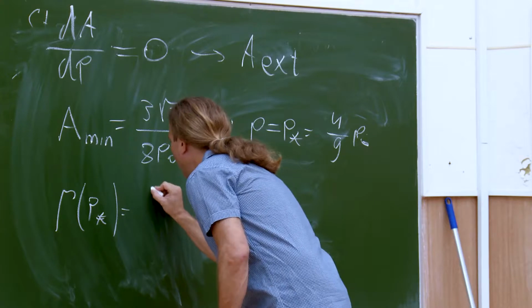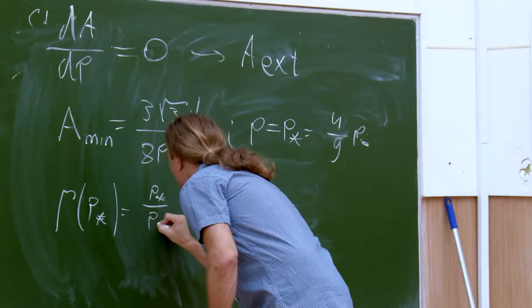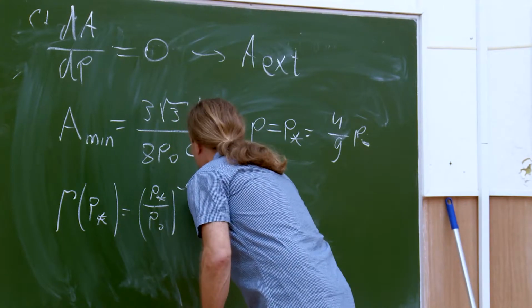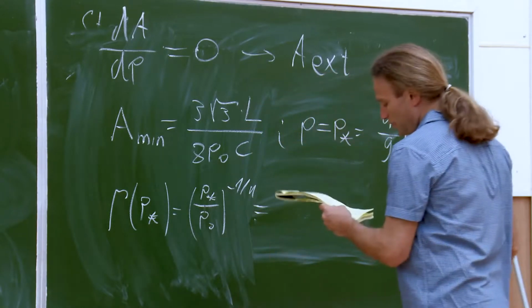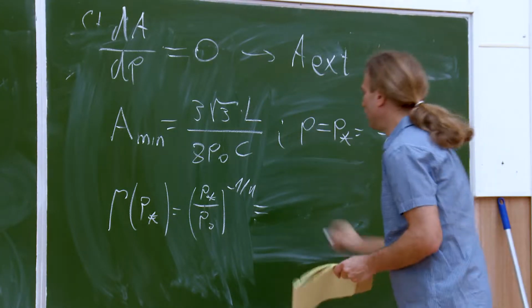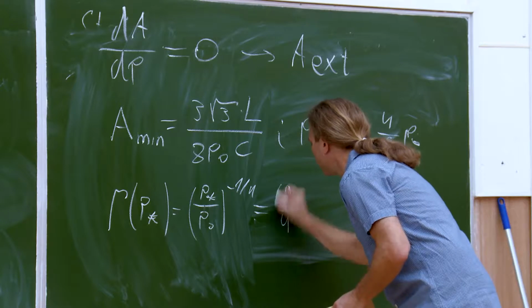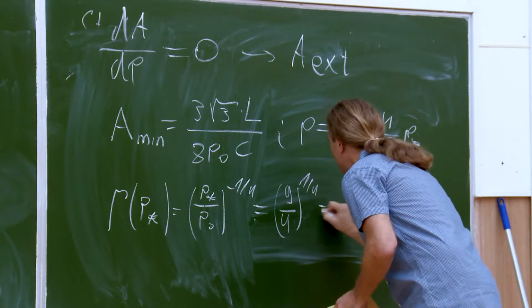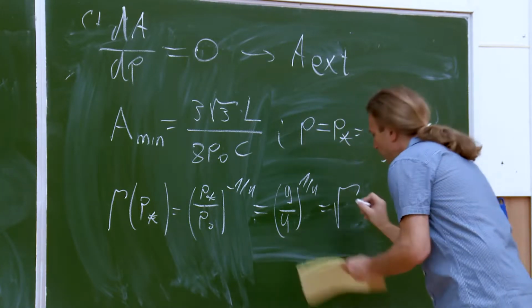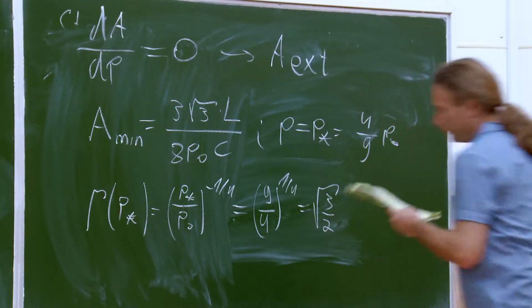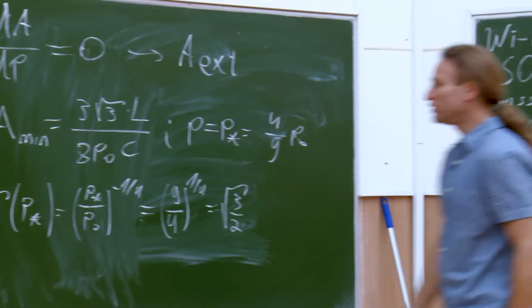This is P star divided by P0 to the power of minus 1/4, and this is equal to 9 divided by 4 to the power of 1/4, which is the square root of 3 divided by 2. What is this quantity?